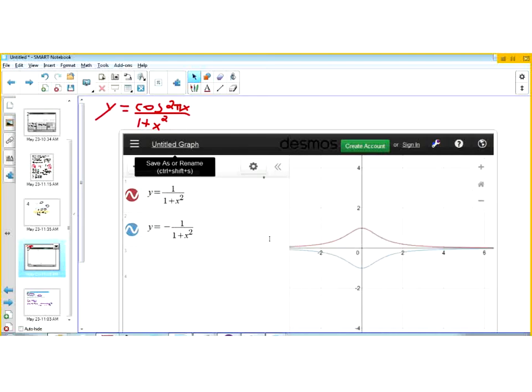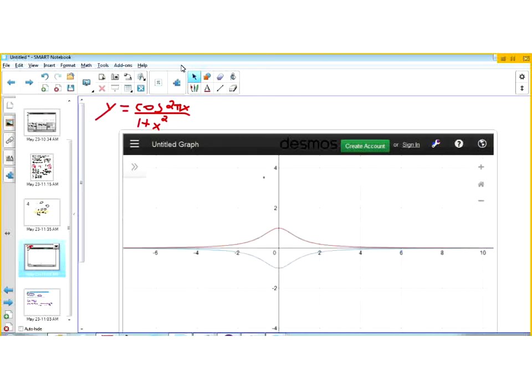Okay, so the cosine 2 pi x will be drawn within this envelope. Okay, so now all you have to do is just sketch cosine 2 pi x so that it doesn't go outside. So here's how you would do it. So I'll do it in green.